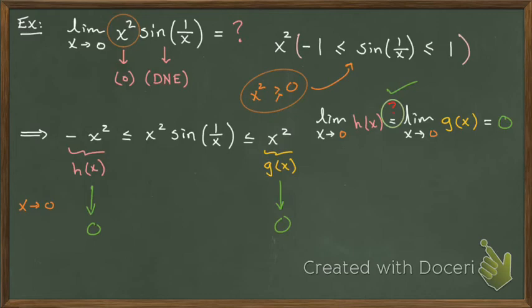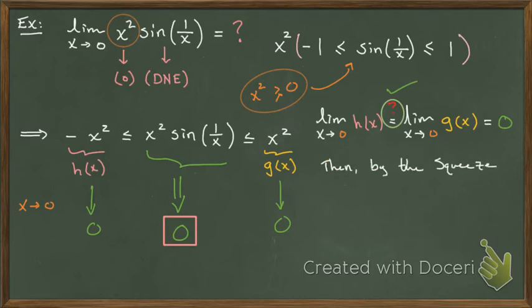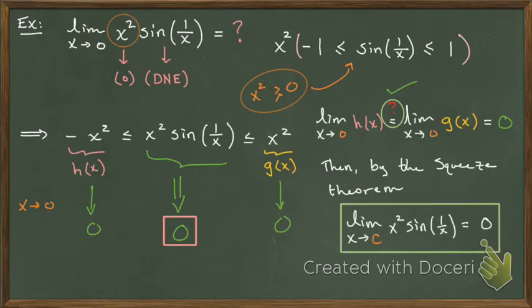And since f is between the two, I can say it also goes to 0. So we should write something like this as our conclusion: by the squeeze theorem, the limit as x approaches 0 of x squared sine of 1 over x should indeed be 0.